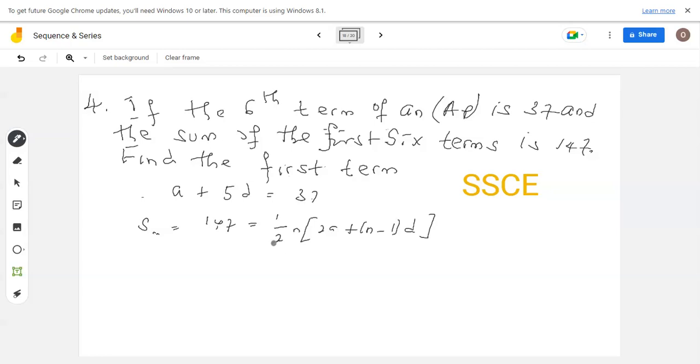In this case, our n here, we are given in the question as 6. So that means half times 6.